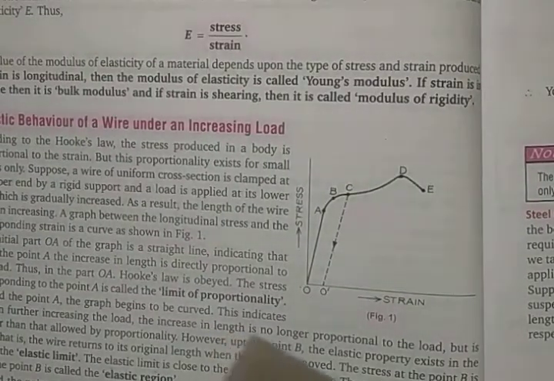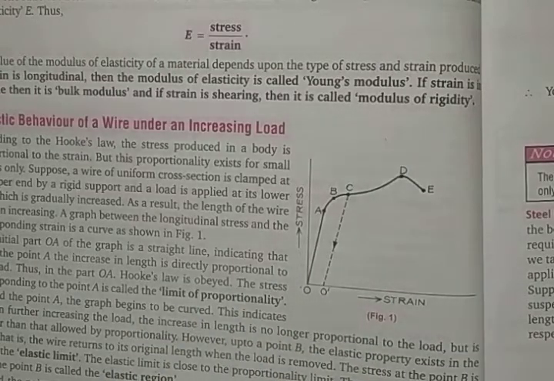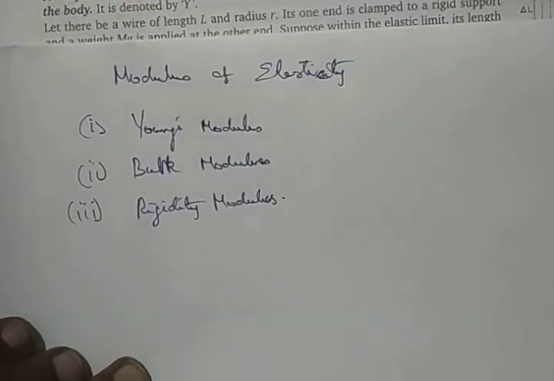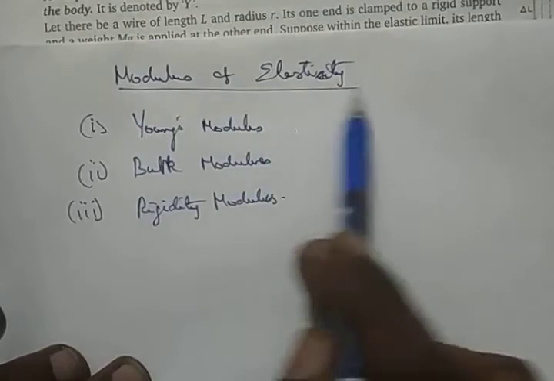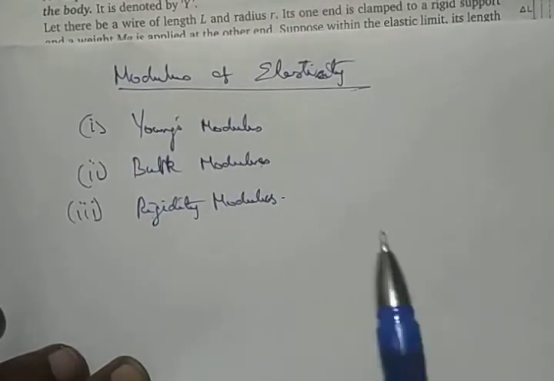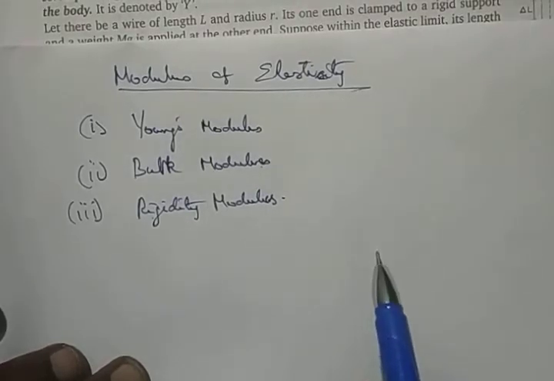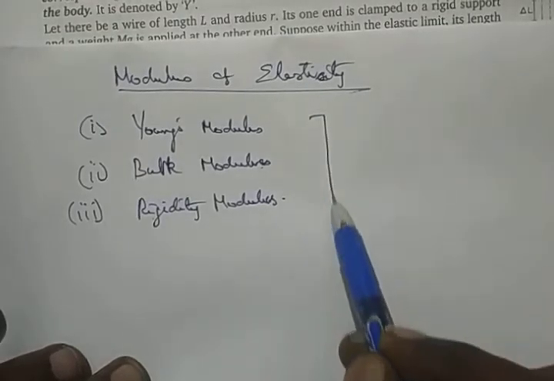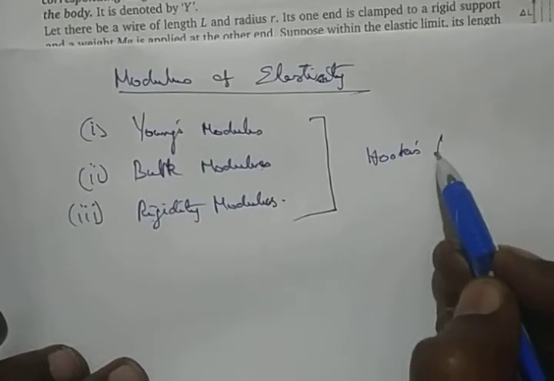Now we'll go to the next few definitions according to the modulus of elasticity. There are three moduli: Young's modulus, bulk modulus, and rigidity modulus. All three have slight differences in the formulas, but remember all of them come from the basics of Hooke's law.